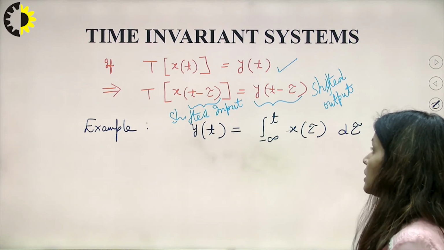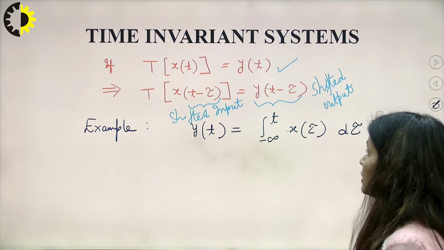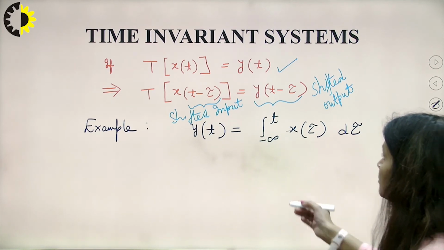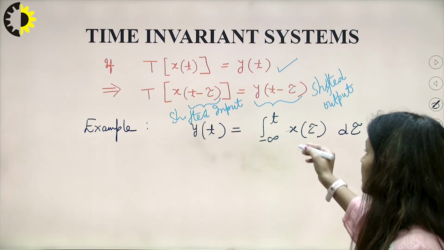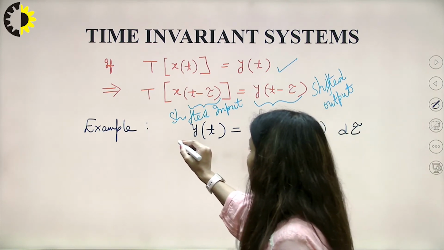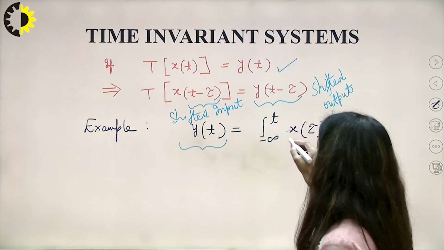So, let us see by a simple example. I am having this example, y(t) is equal to the integral from minus infinity to t of x(tau) d tau. This is my output for the given input.